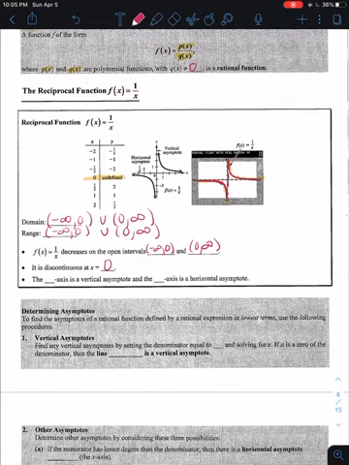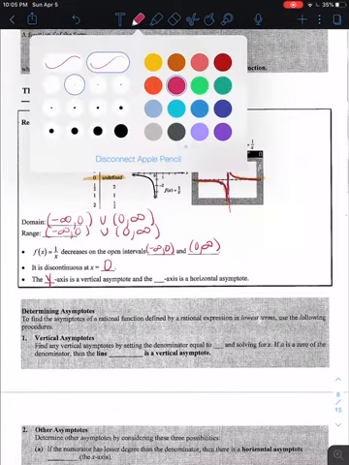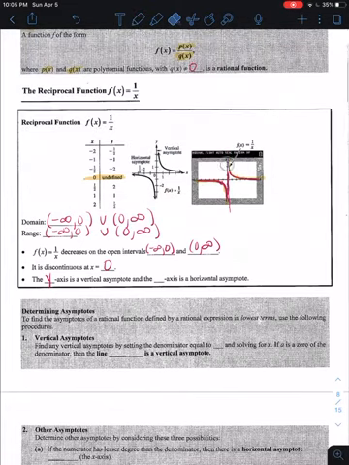Vertical asymptotes. All right, so you have this vertical asymptote, which is this line that I'm drawing here. That vertical asymptote is the y-axis. So the y-axis is a vertical asymptote. That's the line that the graph gets closer and closer to on both sides, but it doesn't actually cross it. And then let me use a different color, because we got a lot going on here.